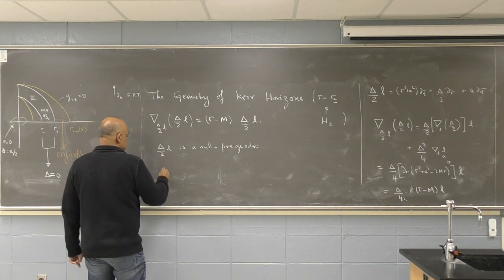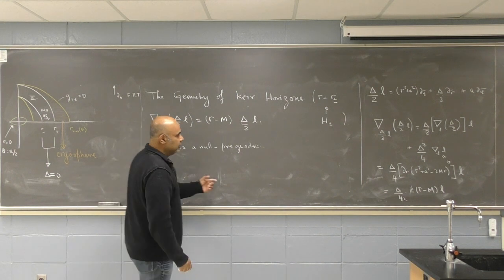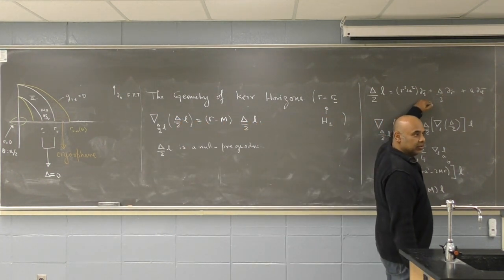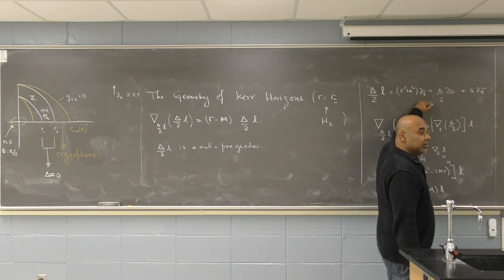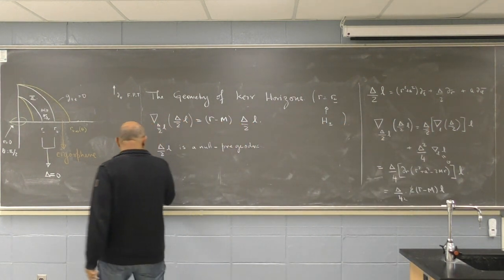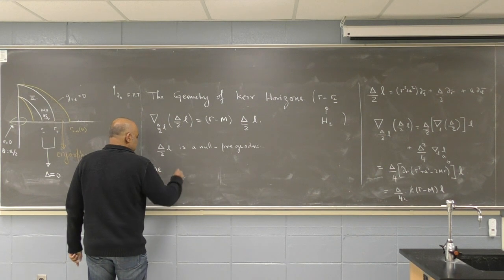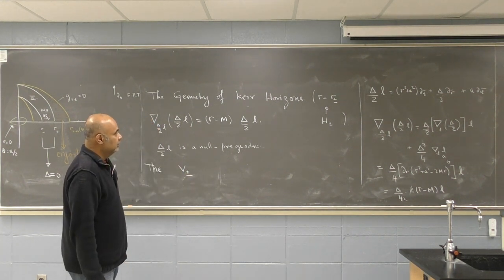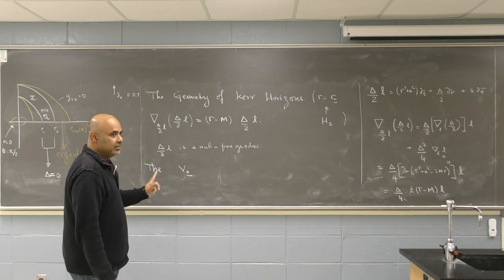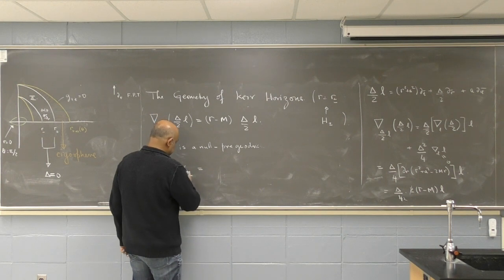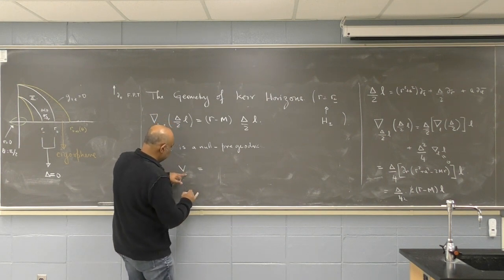Okay, so then what I'm going to do is the following. I'm going to take this guy, which is this, and let delta go to 0 and evaluate this vector field at the horizon. So then v plus minus, I'll clarify the plus minus, it's not what you're thinking, is equal to, well, let me write this. I'll put the plus minus. So if you wrote it, don't erase it.